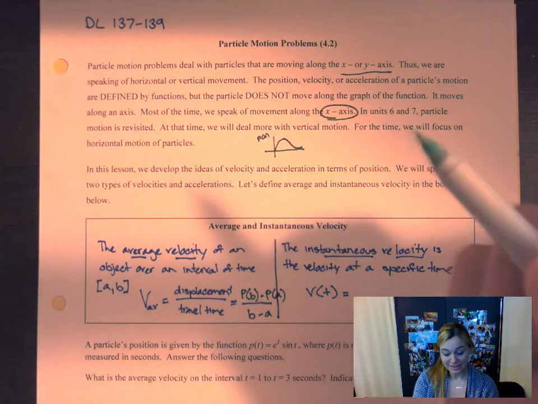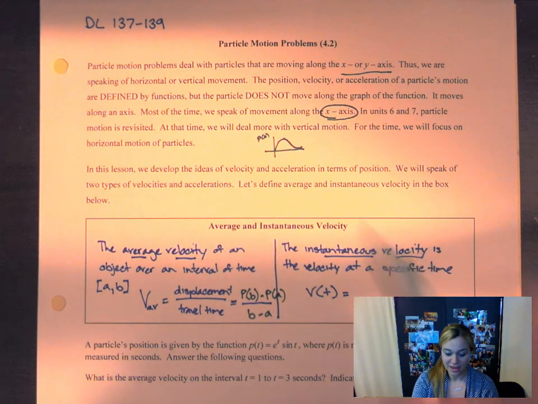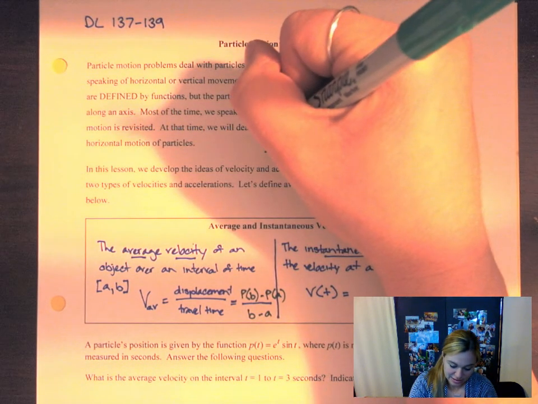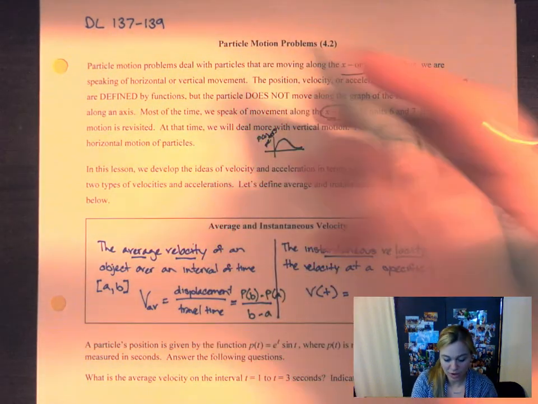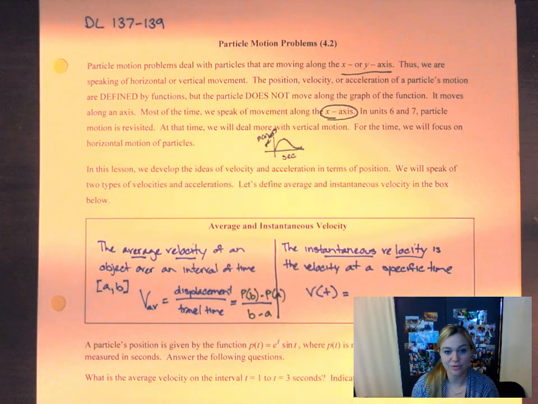The reason for this is, let's say this is my position function. And I was saying that this is, I don't know, let's say meters. I know it's a little hard to see, but meters on the y-axis, seconds down here.